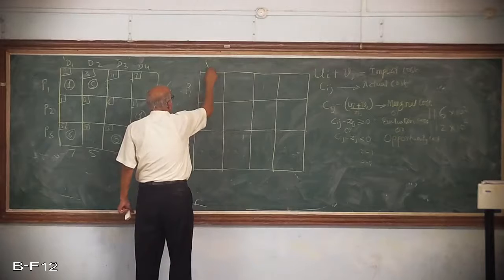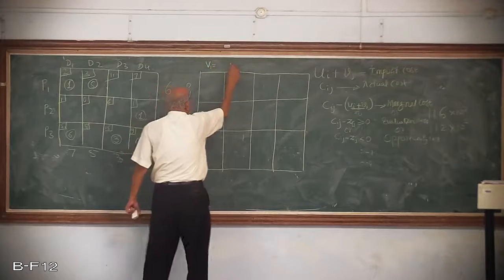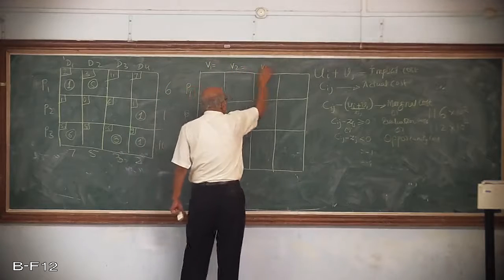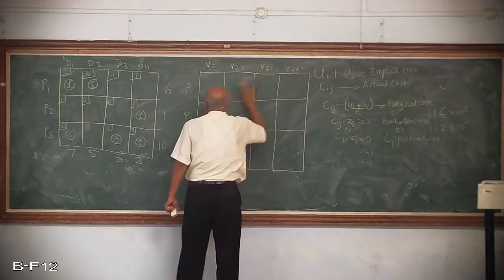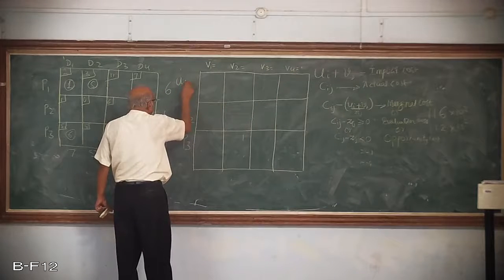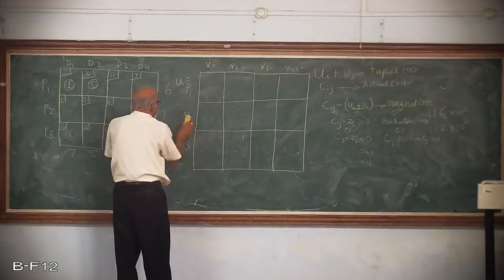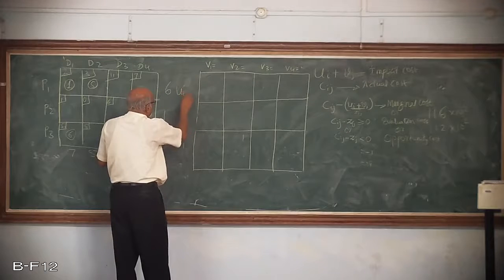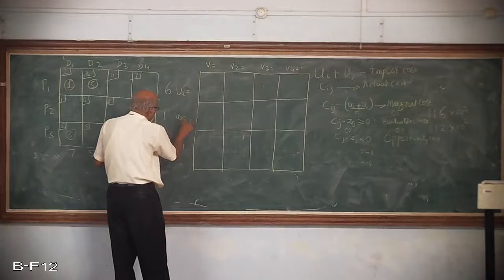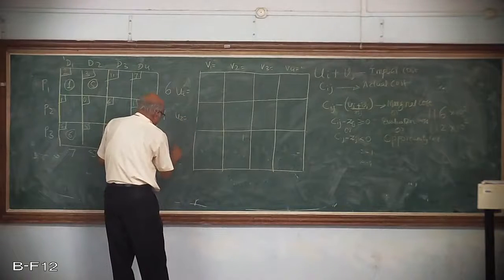In this place, V1, V2, V3, V4, and U1, U2, U3.